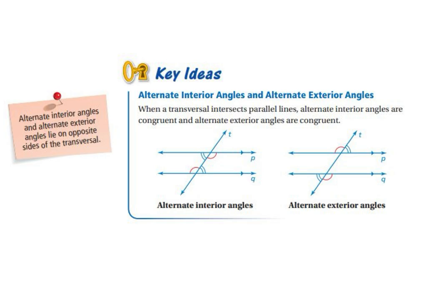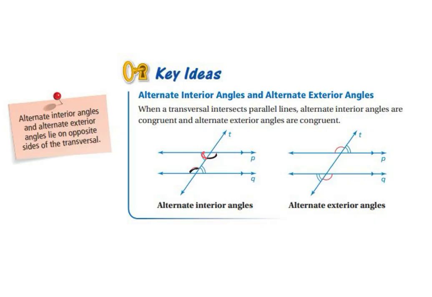Another key idea is alternating interior angles and alternating exterior angles. So when a transversal intersects parallel lines, alternate interior angles are congruent and alternate exterior angles are also congruent. So you can see that this interior angle and the interior angle on the other side are both going to be congruent.